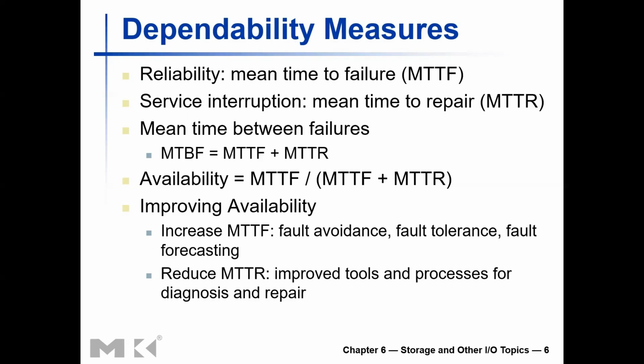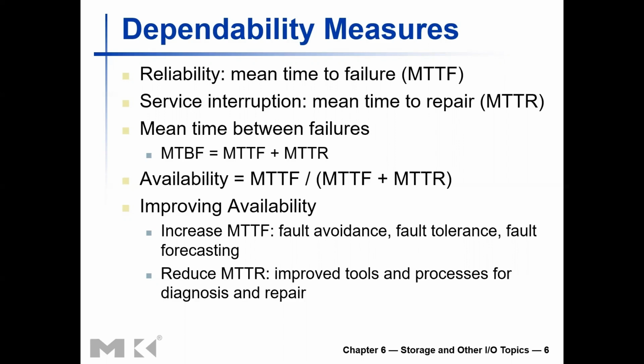How can you achieve that? Fault avoidance, fault tolerance, fault forecasting. Fault avoidance you can do, fault tolerance you can do, fault forecasting you can use. So you can forecast the fault, prediction.